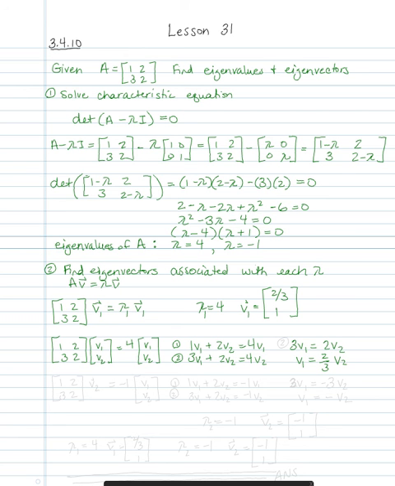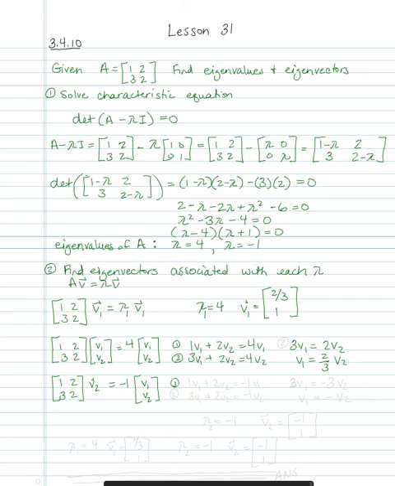Now we're going to find the second eigenvector, and again we use the same [1, 2; 3, 2], and then we use vector 2, which we're trying to find using our second eigenvalue of -1, and our second vector, which we will again call [v1, v2]. That gives us two equations.